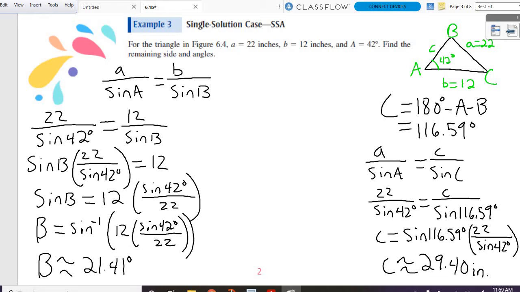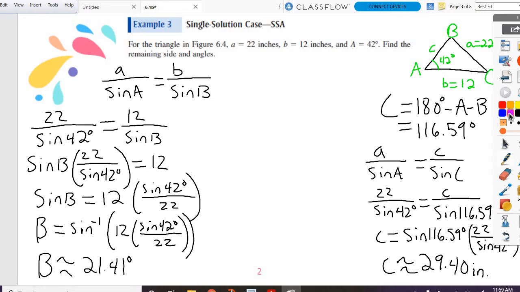So in this case, for my first big B, I got 21.41 degrees. If we were to get a second answer, the obtuse angle would be the supplementary angle to my original angle. What does supplementary angles mean? They add up to 180. So how could I find my second option for B?